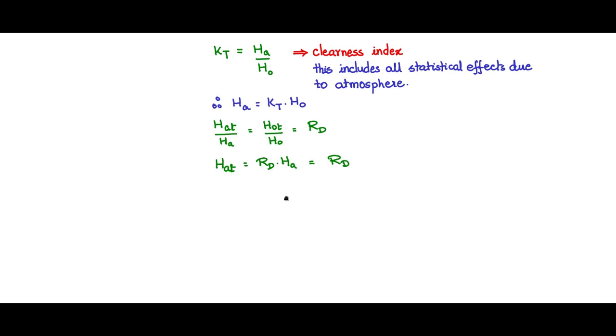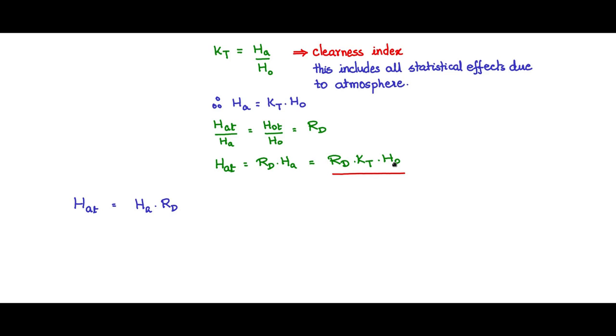So now RD into HA can be expanded to KT into H naught. Now let me say HAT, and HAT is composed of the direct component HA into RD. Now this HA into RD, HA is KT into H naught.